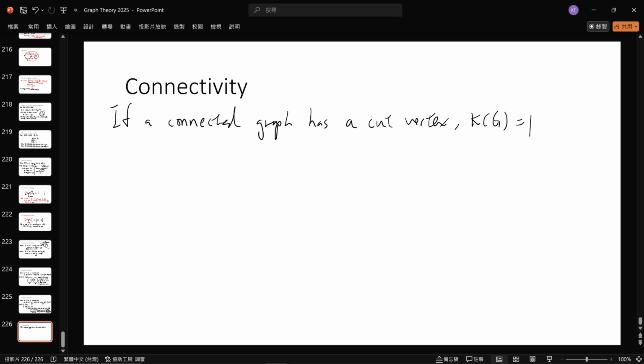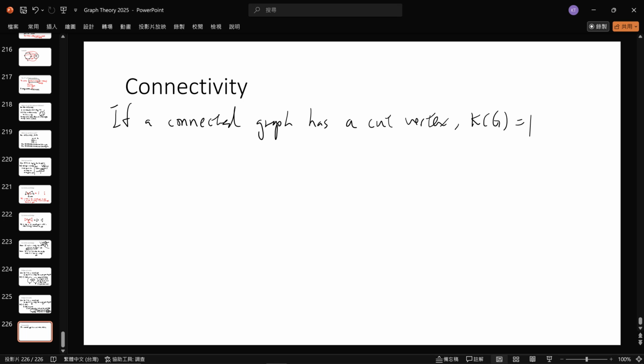How about a bridge? Last week when we discussed how to disconnect a graph, we only removed vertices. But this time we're going to consider the case where we remove edges. And the definition will be very similar.